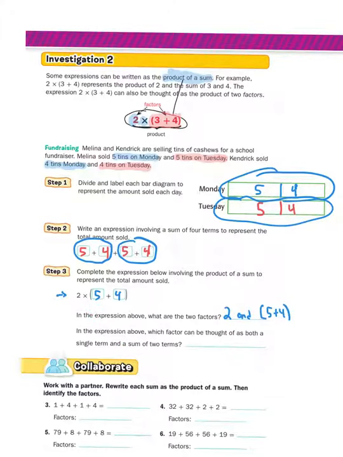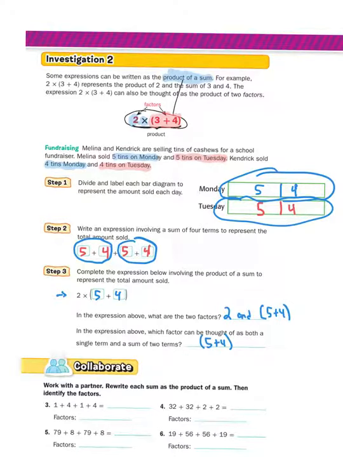So take a look at this one. This one can be thought of as a single term because the parentheses group it together as a single term. But it's also the sum of 2 terms. Sum means add, and here are my 2 terms, the 5 and the 4. So when it says which factor can be thought of as both a single term and the sum of 2 terms, the answer would be the 5 plus 4 in parentheses.